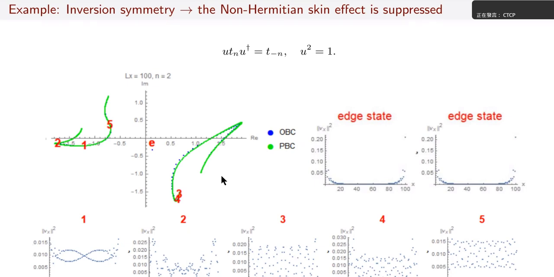Then that means the topological number also changes. So is it well studied yet? Very studied, yeah. Eventually, the topological invariant is discussed as a topological invariant in Hermitian systems.